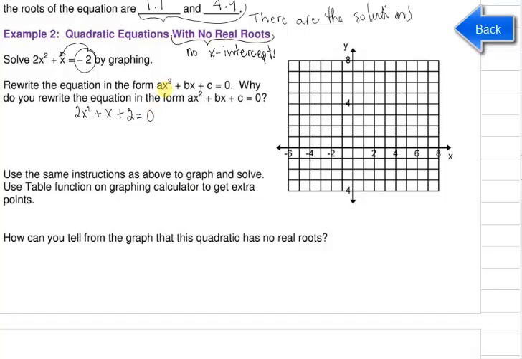So why do you rewrite the equation in the form ax squared plus bx plus c equals 0? Partly because of the reason I just gave you, but the real reason is because we want to find the roots.